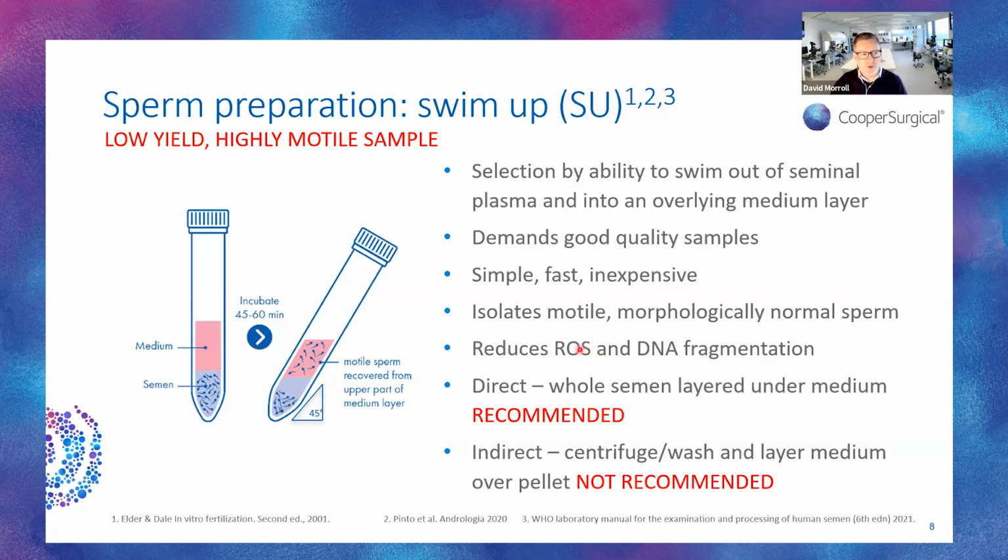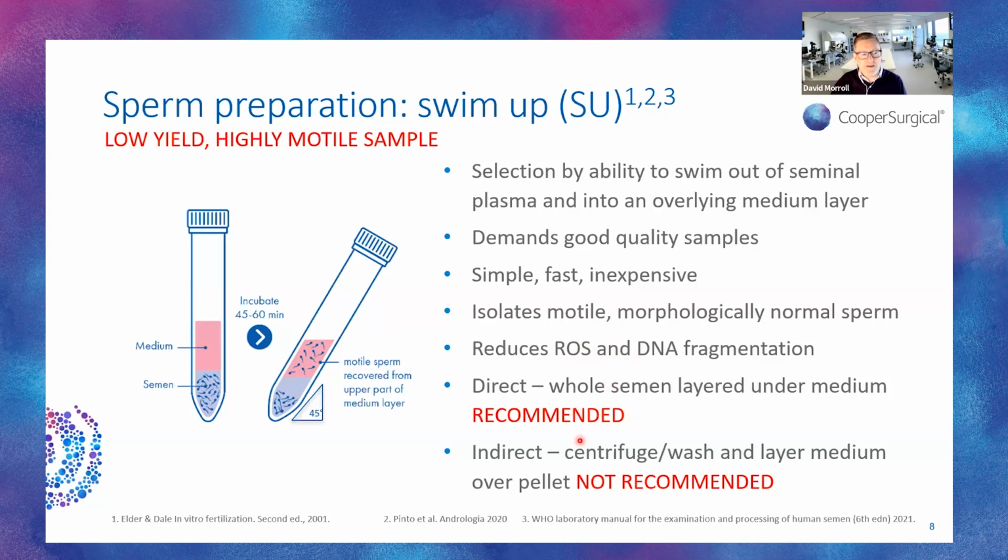What we know is swim up is effective at isolating motile, morphologically normal sperm, and it reduces the proportion of those sperm carrying DNA damage, and it reduces the risk of reactive oxygen species being carried over.